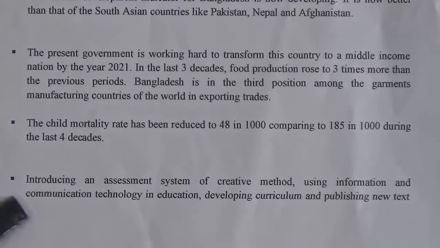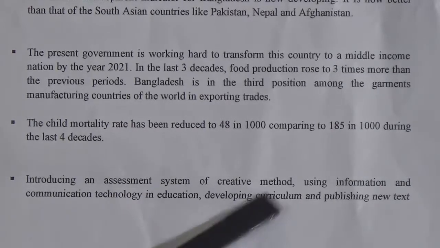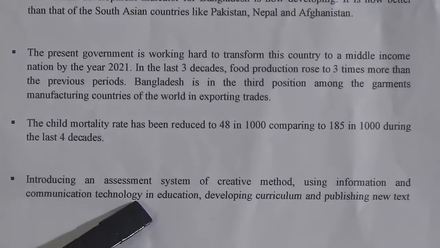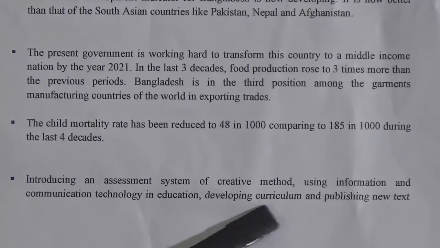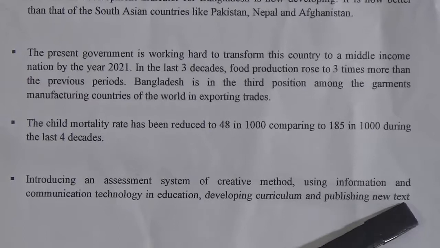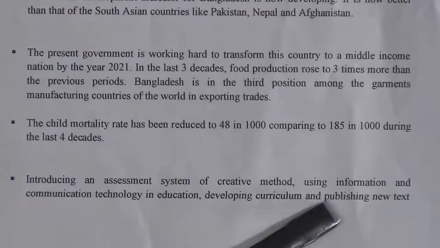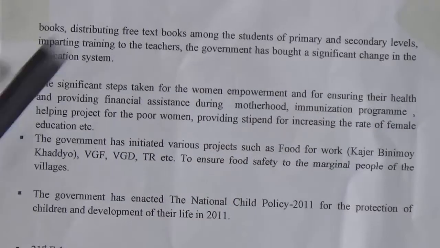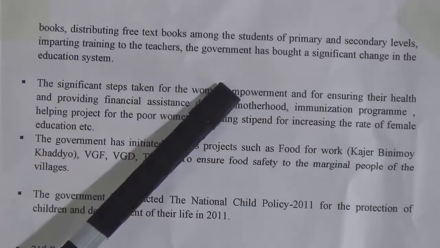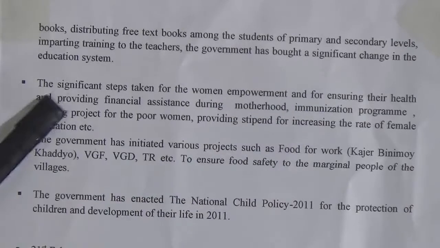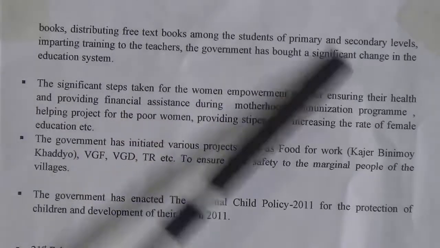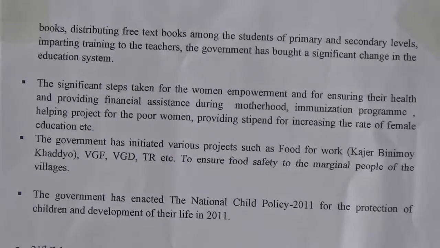Okay, so introducing an assessment system of creative method using information and communication technology in education, developing curriculum and publishing new textbooks, distributing free textbooks among the students of primary and secondary level, imparting training to the teachers. The government has brought a significant change in the education system. So these steps have been taken to improve the education systems.